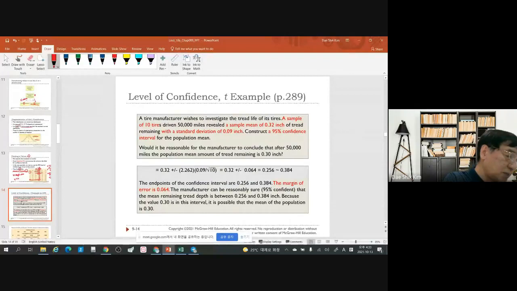You skip some pages, okay? 289, at the bottom: a tire manufacturer wishes to investigate the tread life of its tires. Sample of 10, sample size n is 10.